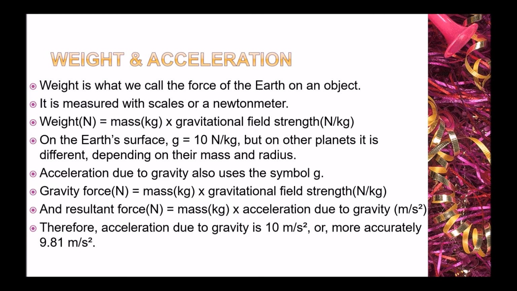And acceleration due to gravity, like the gravitational field strength, uses the symbol g. Because here you can see that gravity force is mass times gravitational field strength, as we saw before.